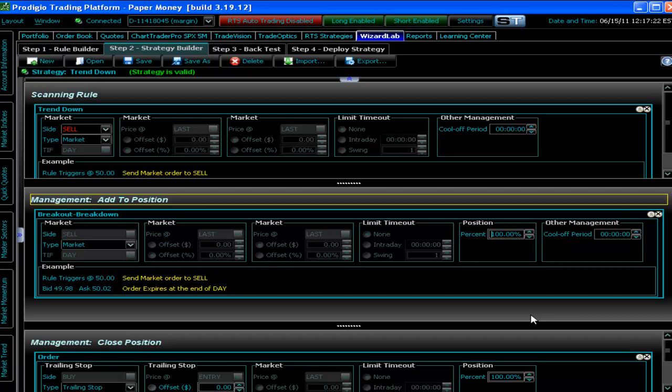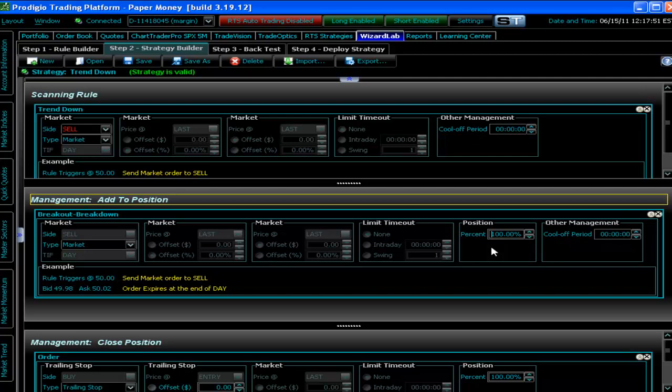Now some things about the add to position that you need to know are that each one of these rules fires once and only once. This is done for protection. If you have a rule that could potentially fire multiple times, this won't continue doubling down. For example, if it were allowed to continue doubling down, you might run into a bad situation where 100% of 200 shares, continuing my example, would be another 200 shares.